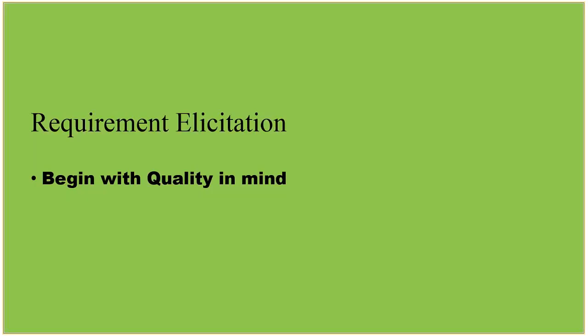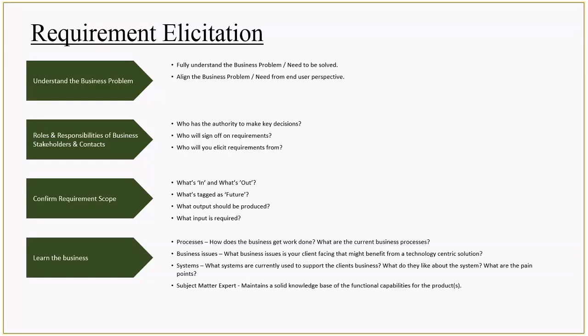For the actual requirement elicitation, we should be beginning with quality in mind. Always consider quality when we start requirement elicitation. Understand the business problem. That will be the first thing.